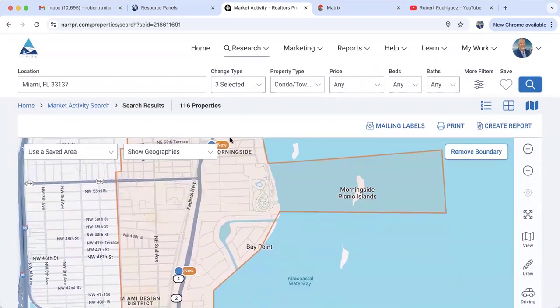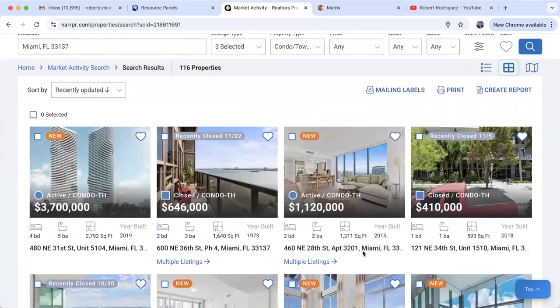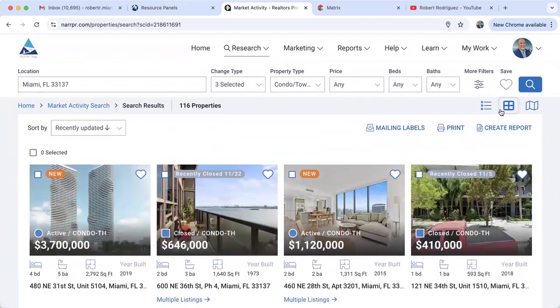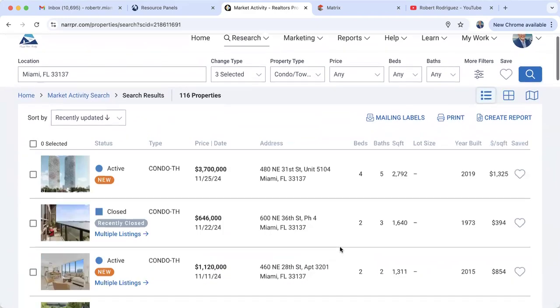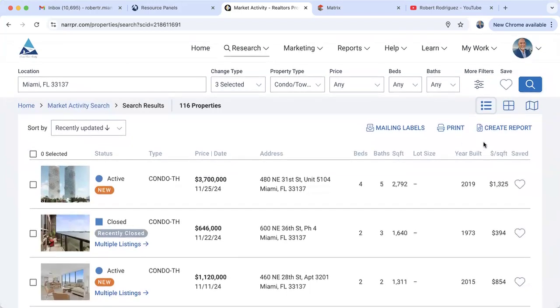All right, so you have here 116 properties, right? You're currently looking at the map. You can click here and it's going to show you in this view right here, which is my favorite view. And then you have here the list view. The list view is this one here. It gives you all of the information that you are searching for, right?